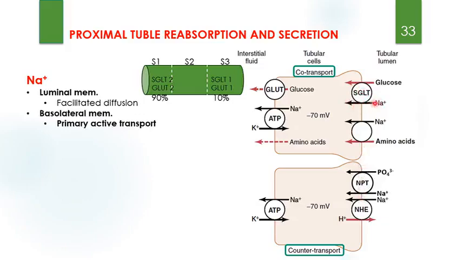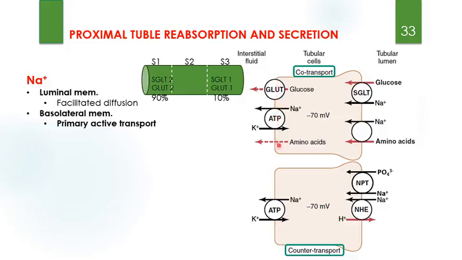For example, the sodium-glucose symporter, or sodium glucose transporter, sodium amino acid transporter, sodium phosphate transporter, and sodium hydrogen exchanger. This last one is an antiporter: for one sodium that enters the cell, one hydrogen ion will be secreted into the luminal fluid.